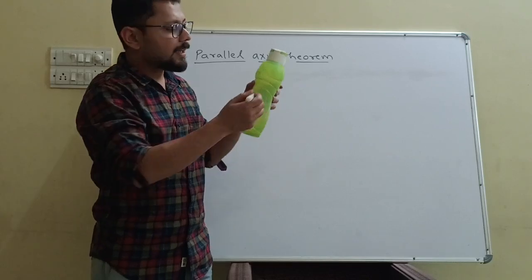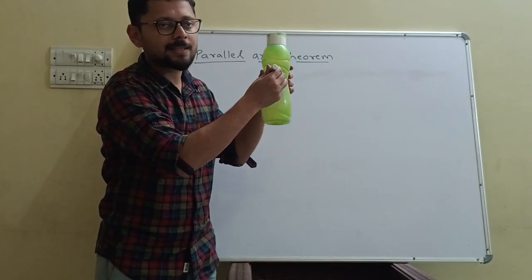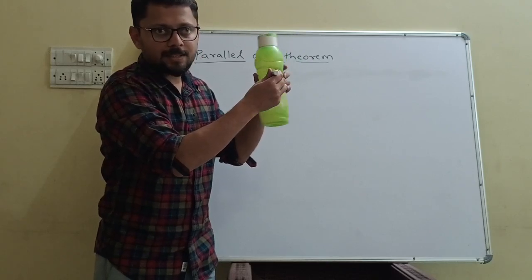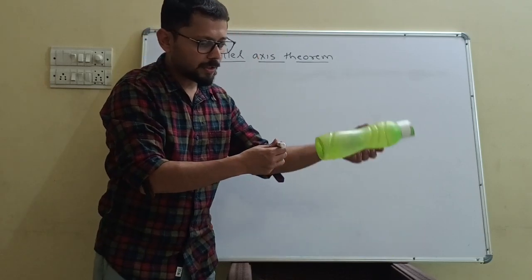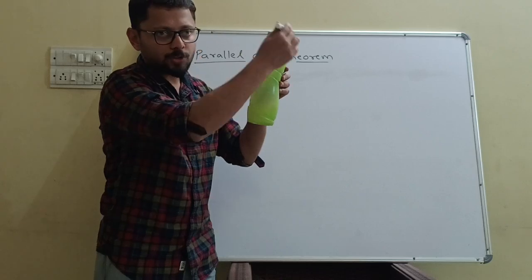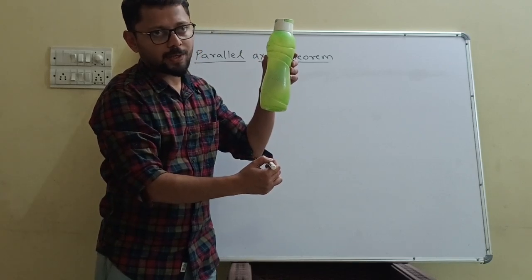What I will say is, if the moment of inertia about the center of mass axis is ICM, then the moment of inertia about this new axis about which I want to rotate this body will be ICM plus mass of this body into the perpendicular distance, whole square.